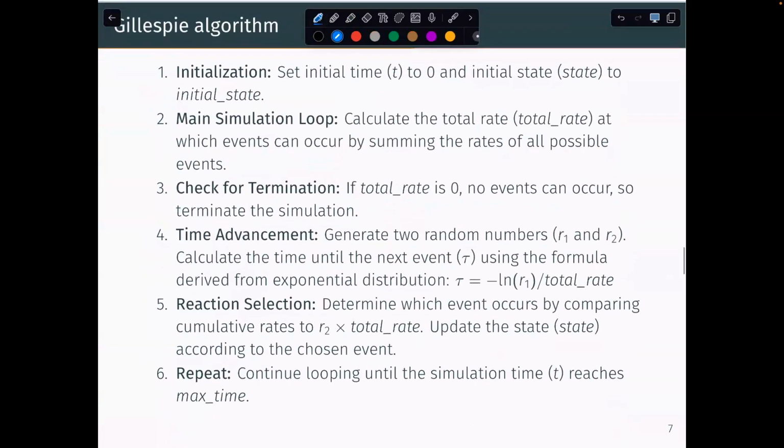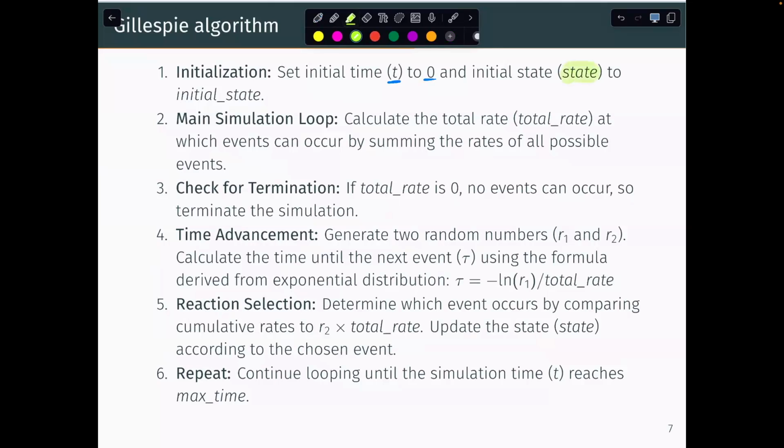So if you want to do the Gillespie algorithm, this is the pseudocode for it. The first thing we need to do is set up some initial time t. So just for arbitrary sake, we'll set t to 0. And we have an initial state, which I'll call state. This is just some state vector.